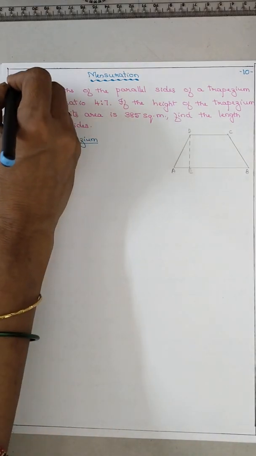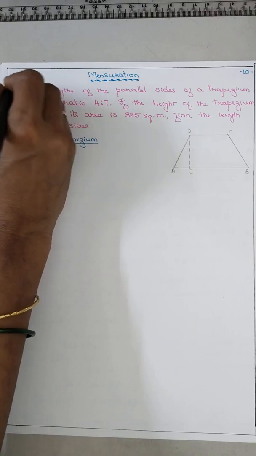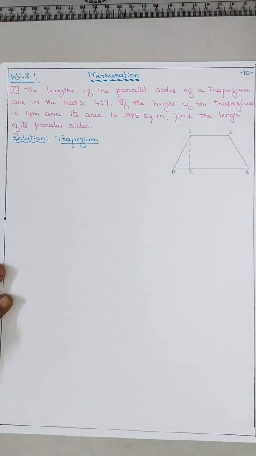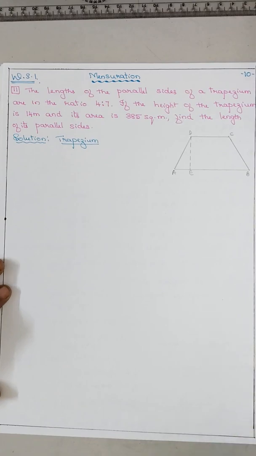It's worksheet 1. Now coming to the 11th sum. The lengths of the parallel sides of the trapezium are in the ratio 4:7.